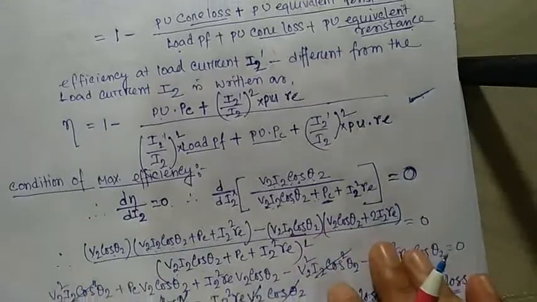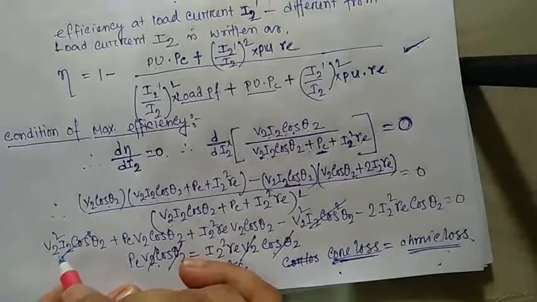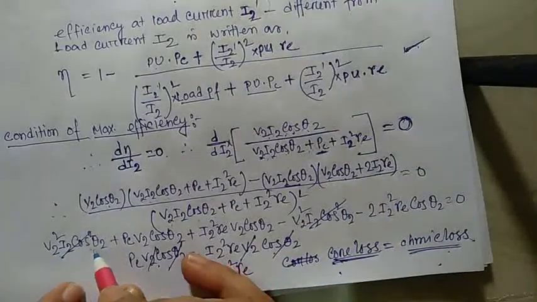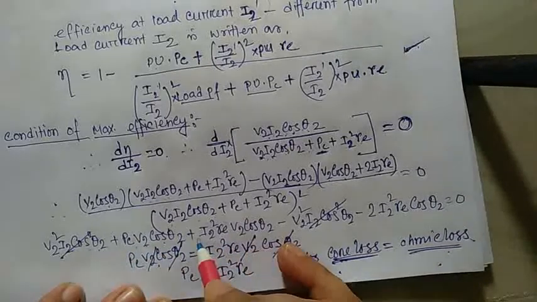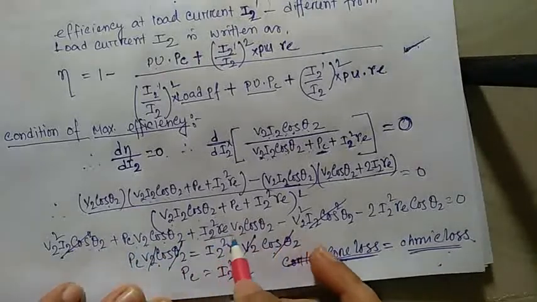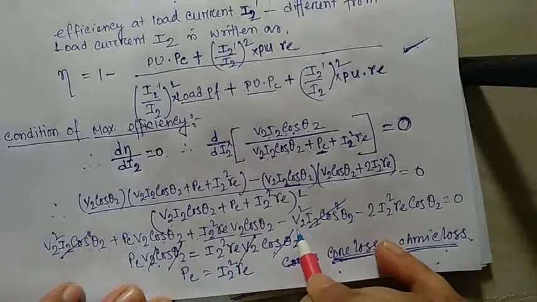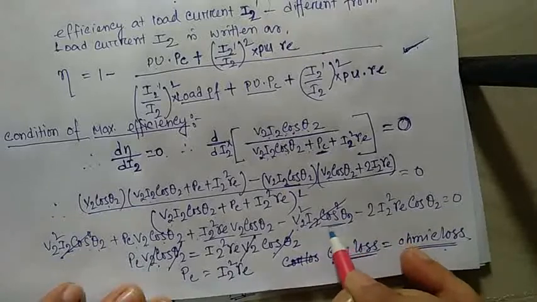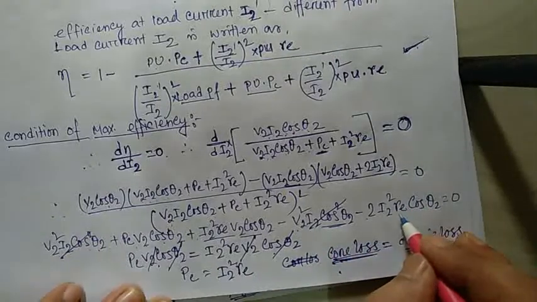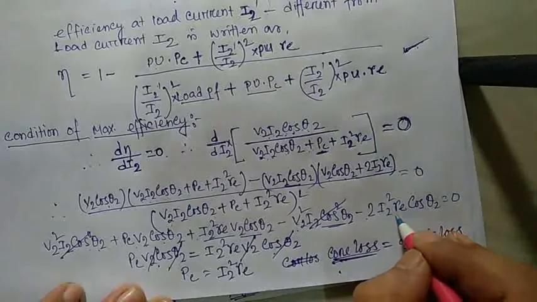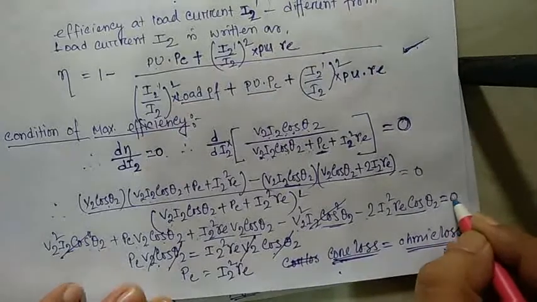Now simplifying this equation, it comes V2 square I2 cos square theta 2 plus PC V2 cos theta 2 plus I2 square RE V2 cos theta 2 minus V2 square I2 cos square theta 2 minus 2 I2 square RE V2 cos theta 2 is equal to 0.